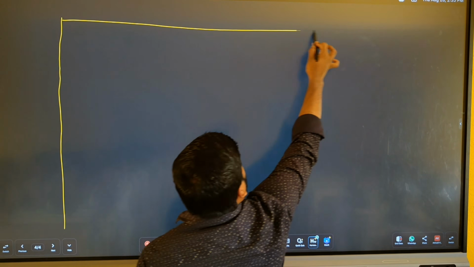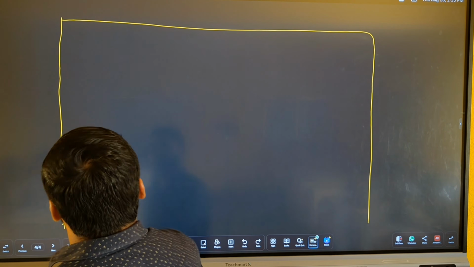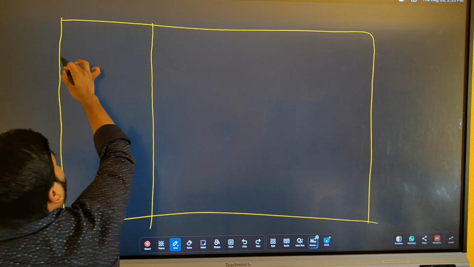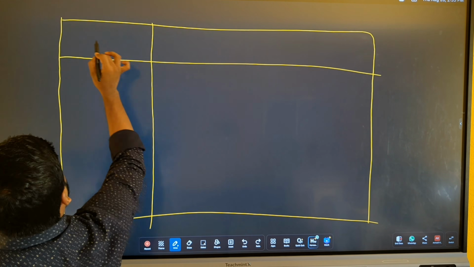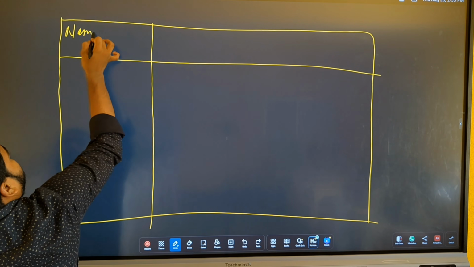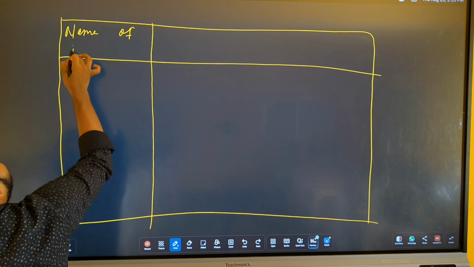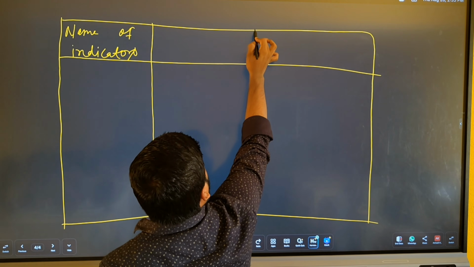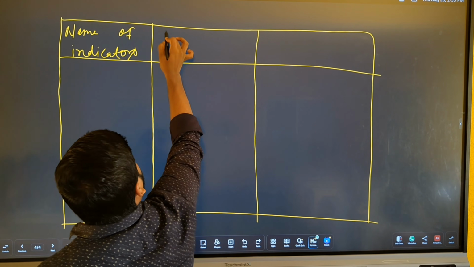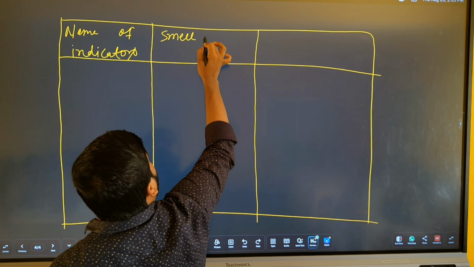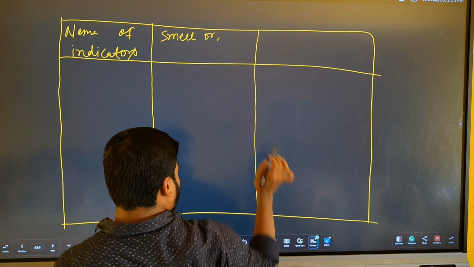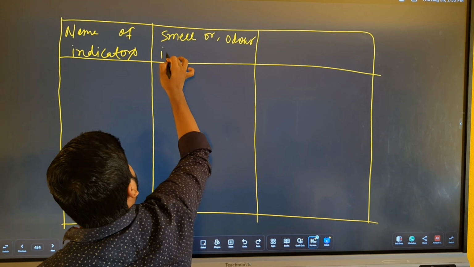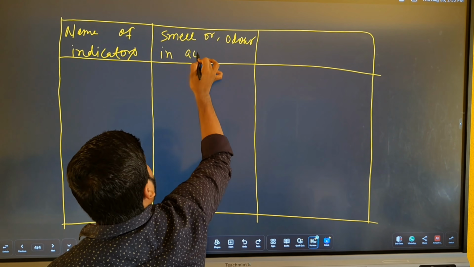In that table, we have to write down what indicators we have used and what the change in smell is. So one column we will prepare for name of indicators. The second one, smell or odor in acidic solution.